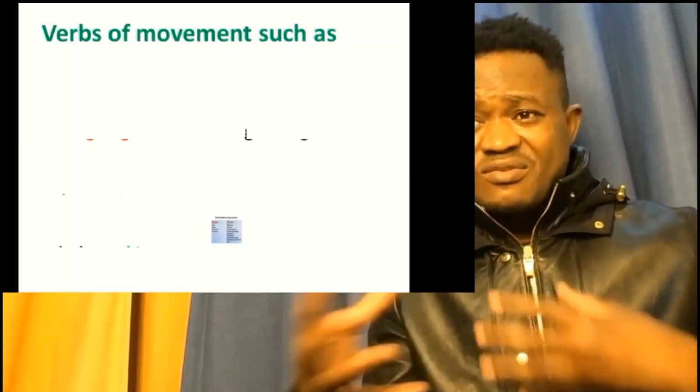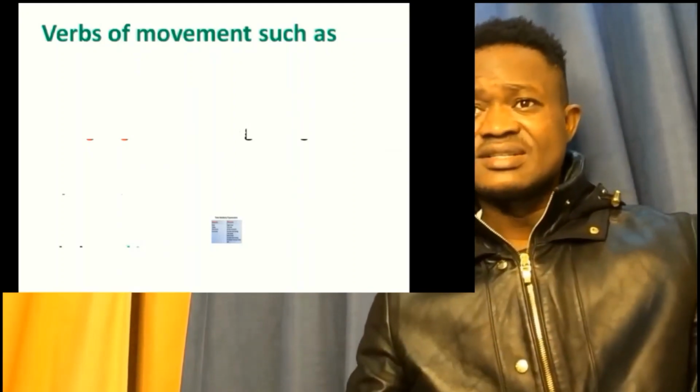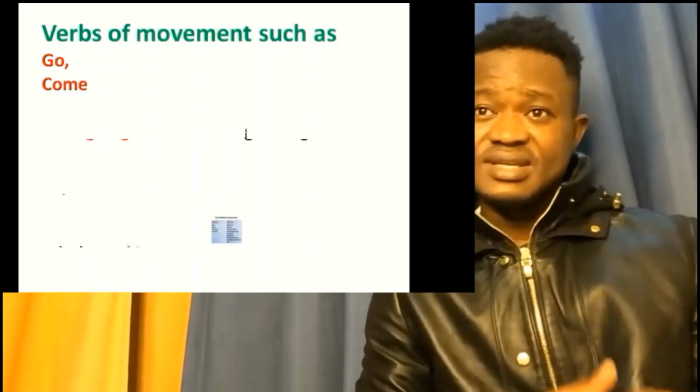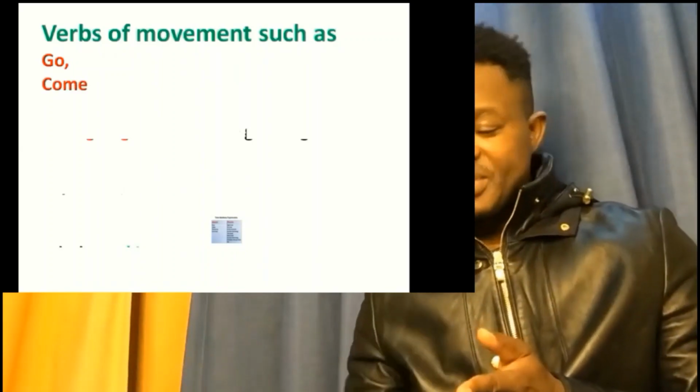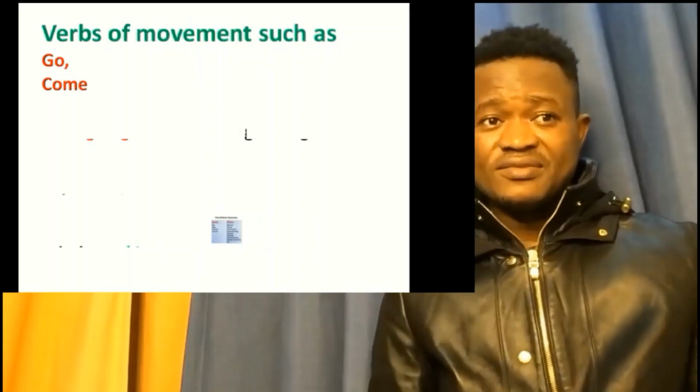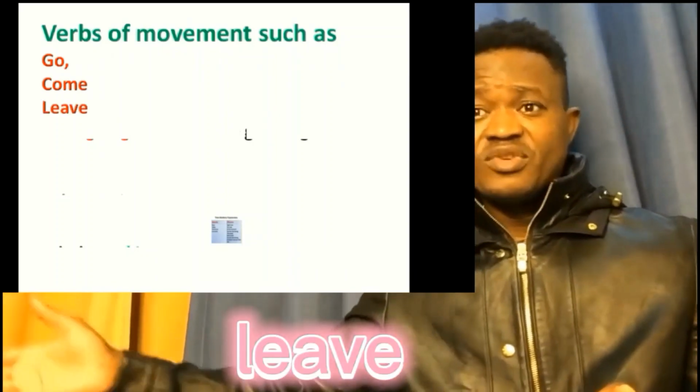In this scenario we use verbs of movement, short verbs of movement such as go. You move from here and go somewhere. Come. You move from somewhere and come here. It's a verb of movement. Leave. You are leaving. It's a verb of movement.